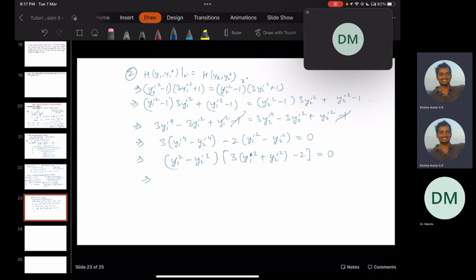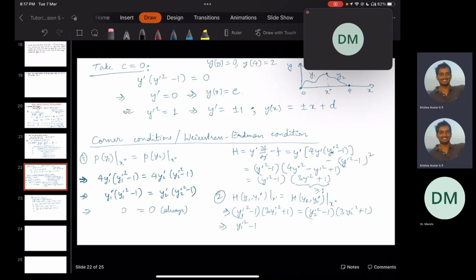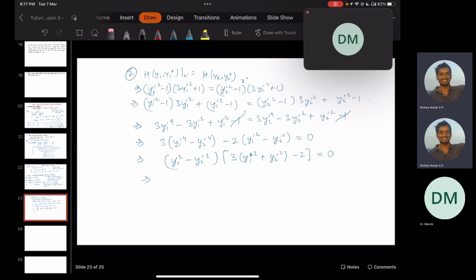But the thing is, from the very condition that what we had seen is y prime is equal to 1 or y prime is equal to 0, right? So from both the cases, it looks like this term is never going to be 0, isn't it? So the only other possibility is this has to be equal to 0.